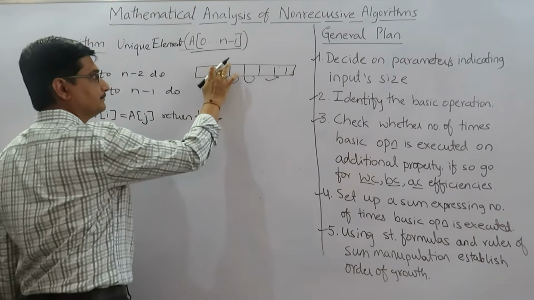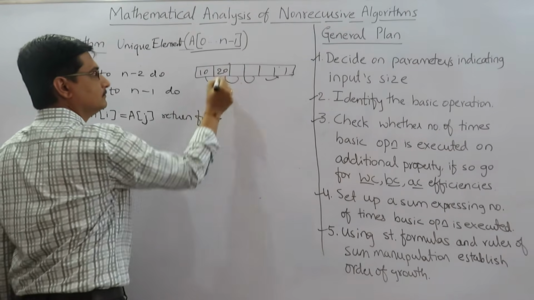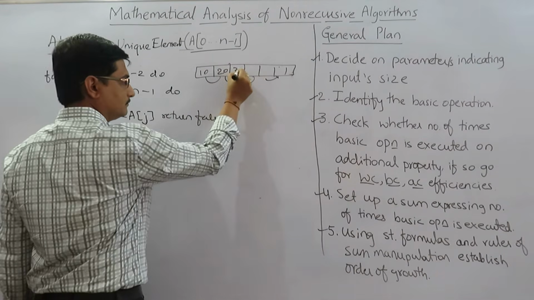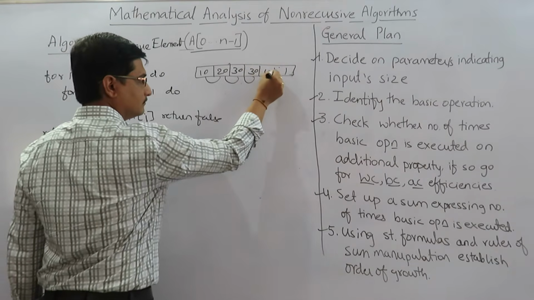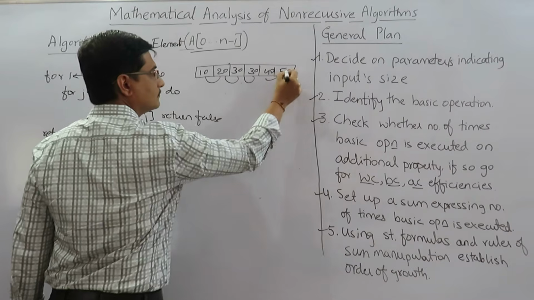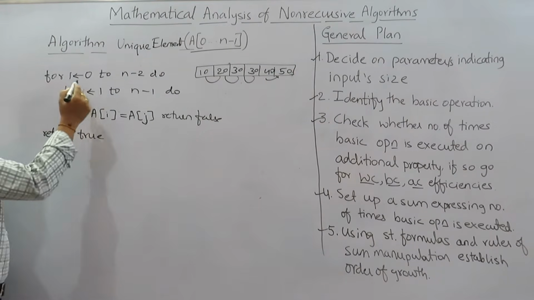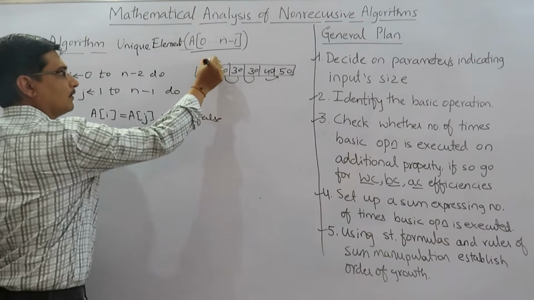Say here, there are some elements in that. So we have initialized the outer for loop from 0.